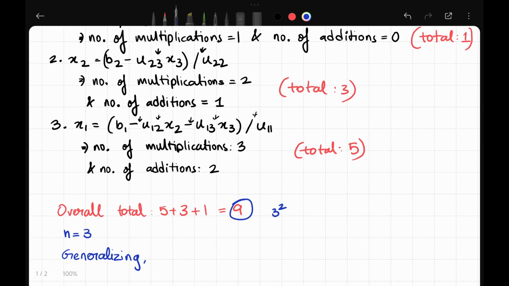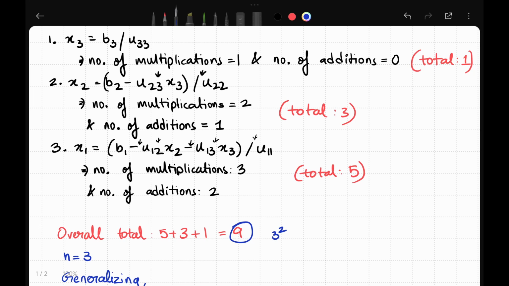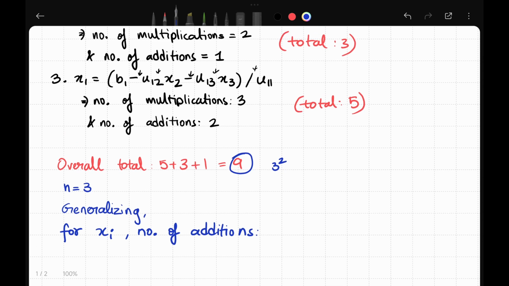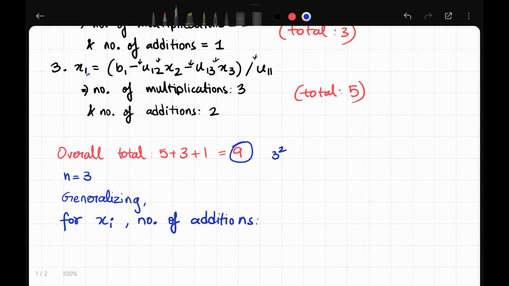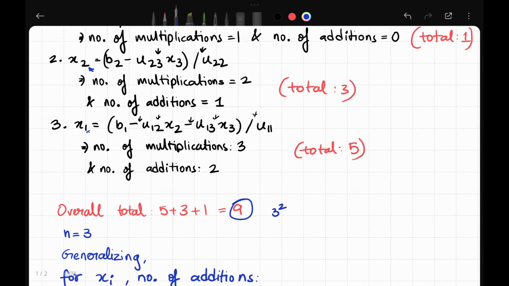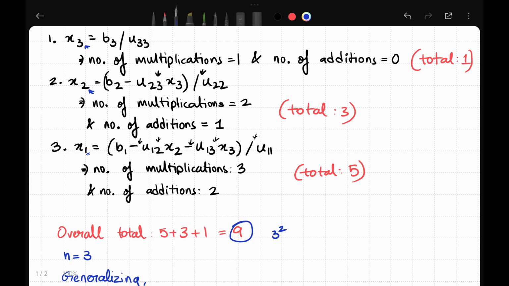So the number of additions is straightforward. For xi, the number of additions: when i is 1, the number of additions was 2, when i was 2, the number of additions was 1, and when i is 3, the number of additions is 0.